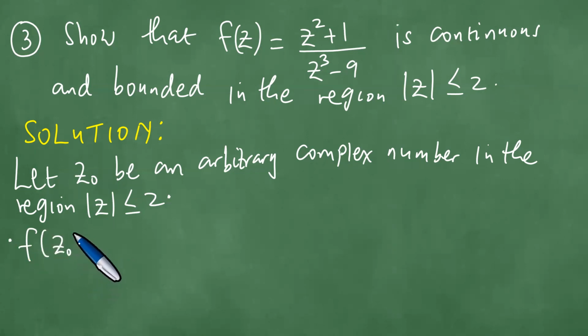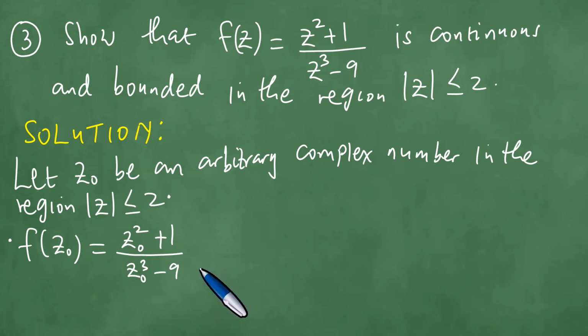Point 1: f of z0 is z0 squared plus 1 divided by z0 cubed minus 9, like this. It is defined. We claim that it is defined. How is it defined?